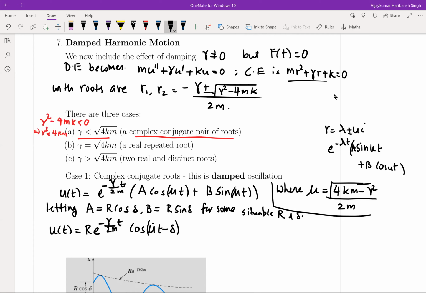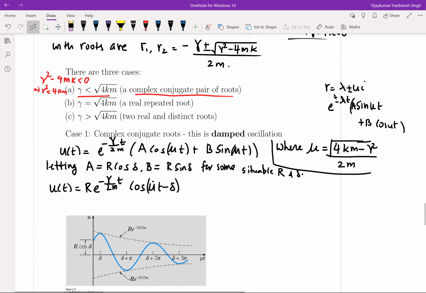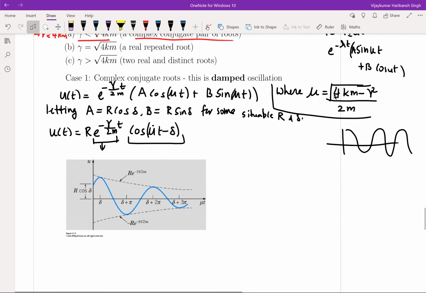Now let's try to analyze it. Let's not worry about finding r and delta right now. Look at this cos part: it's periodic. However, because of this exponential component, as t gets bigger and bigger, the value goes lower and lower, so it creates a dampening effect.